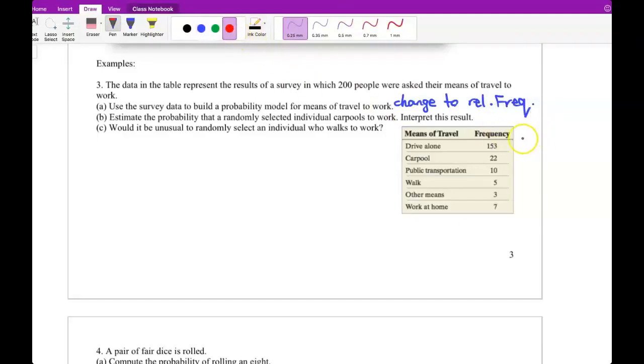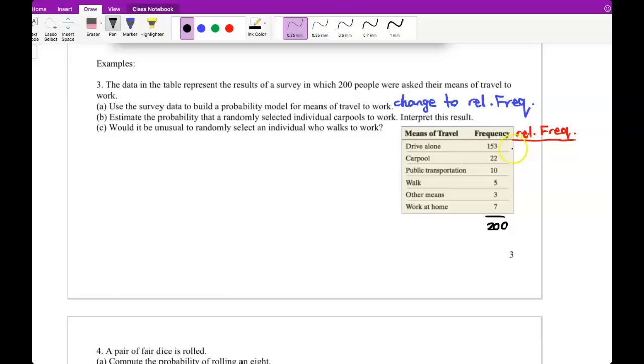I'm writing the output here. So here in total we have 200, and each one is divided by 200. I'm rounding to 3 decimal places.